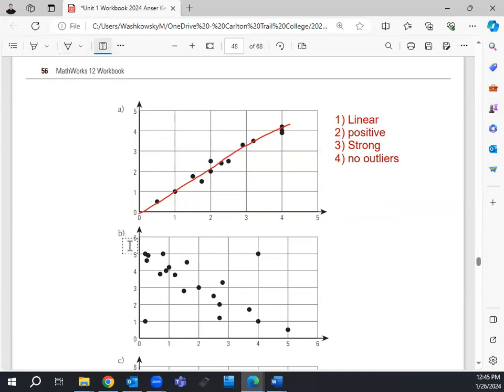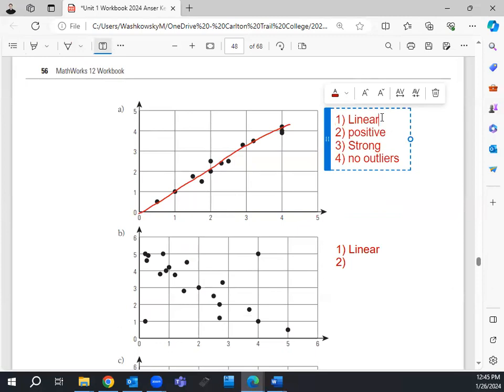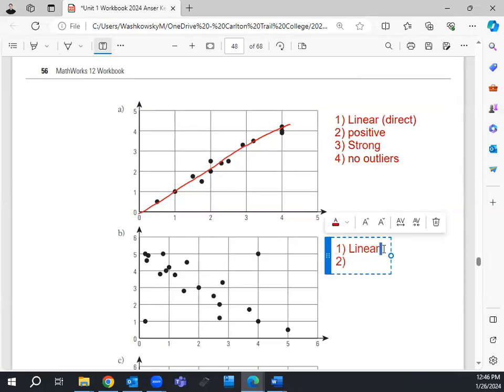Now, at the same time, I've got chart B here, right? So my first question for you is, does this look like it could fit a straight line in it? Yes, this one would be a linear relation still. You can fit a straight line in here. And sorry, for question 1, this would be a direct linear relation. Now for question 2 here, is this a direct or is this a partial?